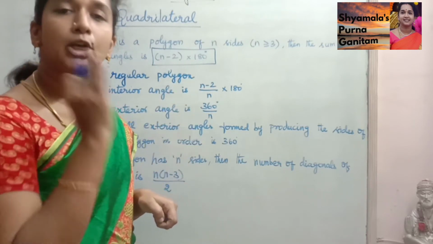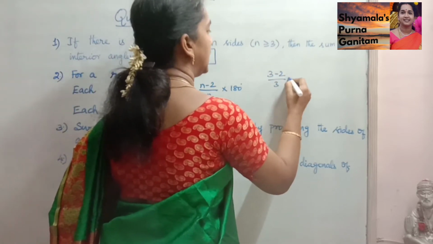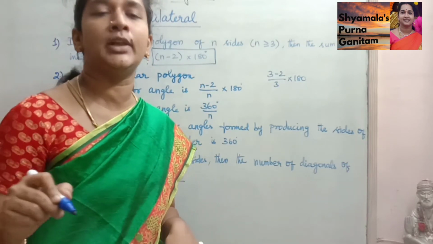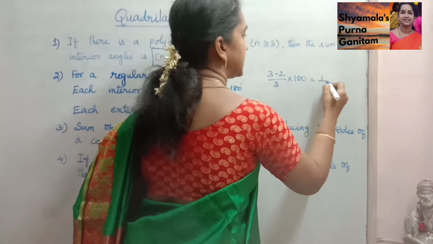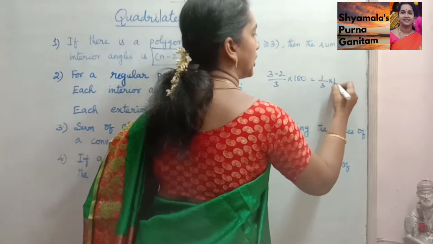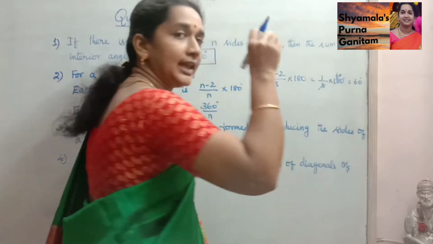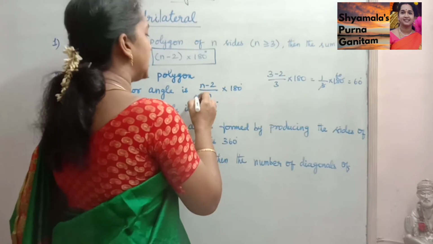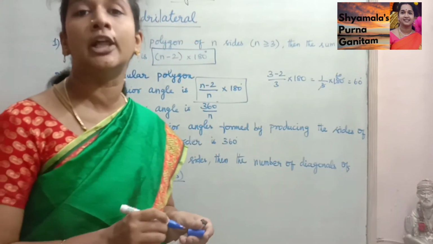When we substitute, 3 minus 2 by 3 into 180, that is 1 by 3 into 180. When we simplify, we get 60 degrees. So each angle of an equilateral triangle is 60 degrees.